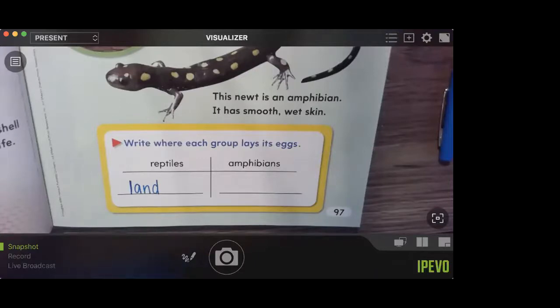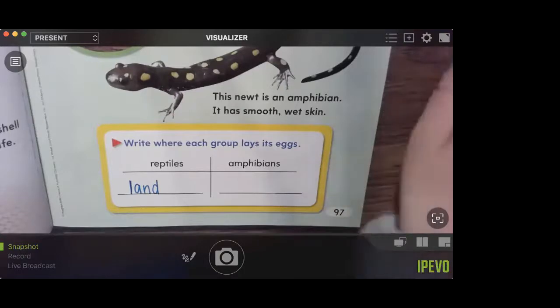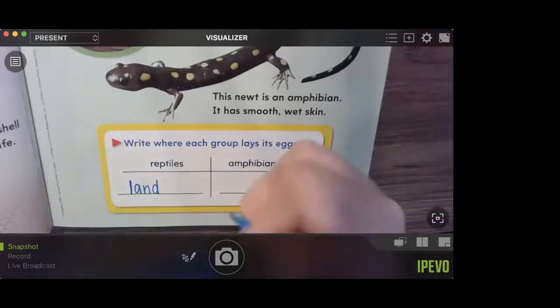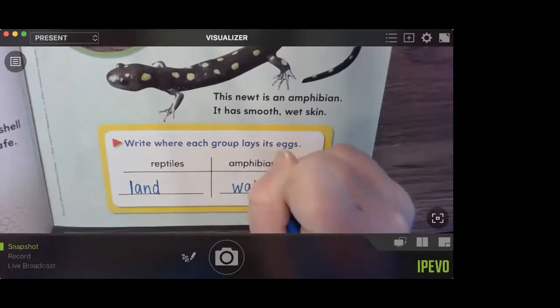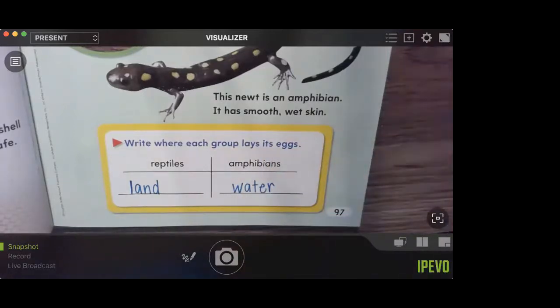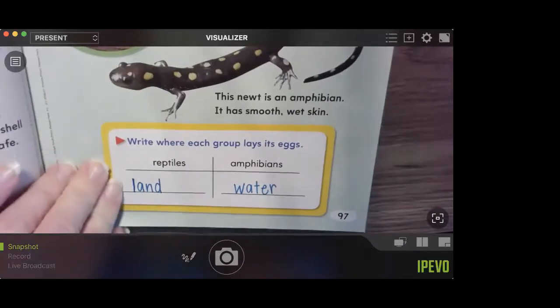And amphibians live on land and water, and they lay their eggs in water. Okay, so you'll see that a frog or a newt, they all lay their eggs in water. And then when they're first born, they can swim in the water and they have gills and they can breathe underwater. And then when they become an adult, they have lungs and they live mostly on land. Kind of cool, huh?